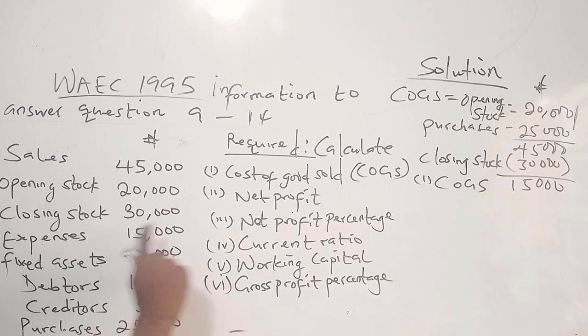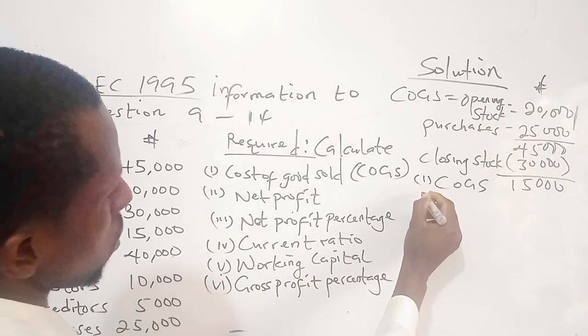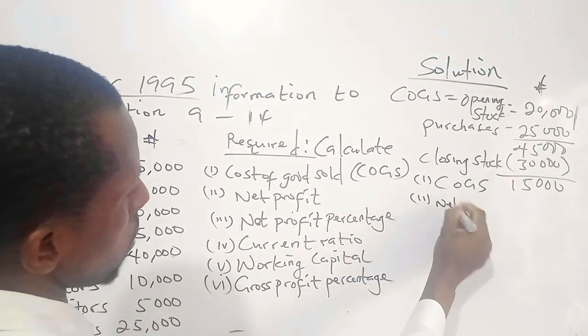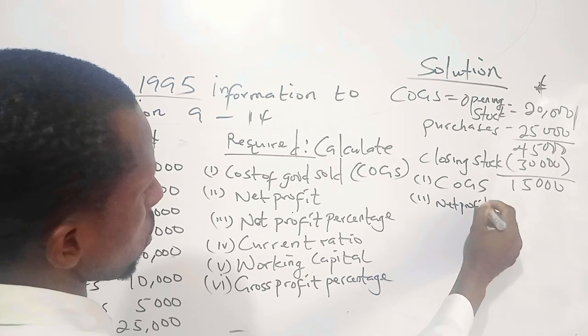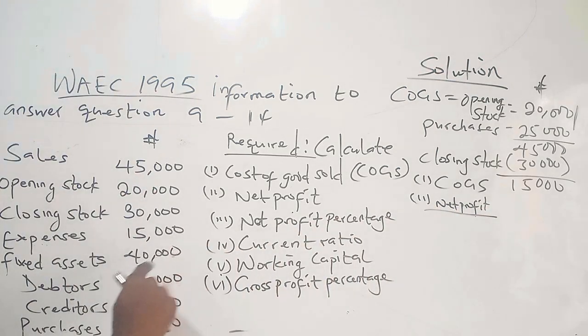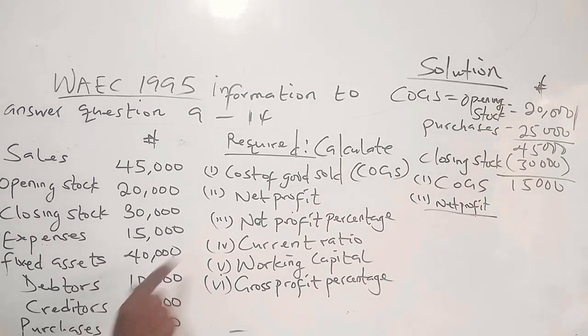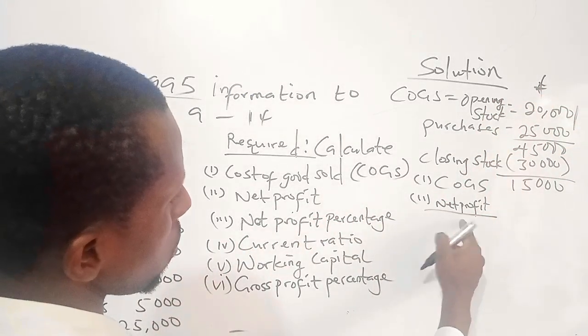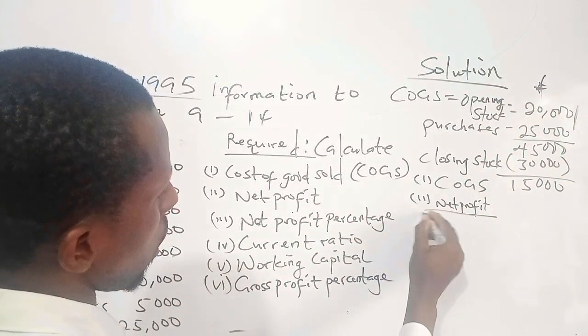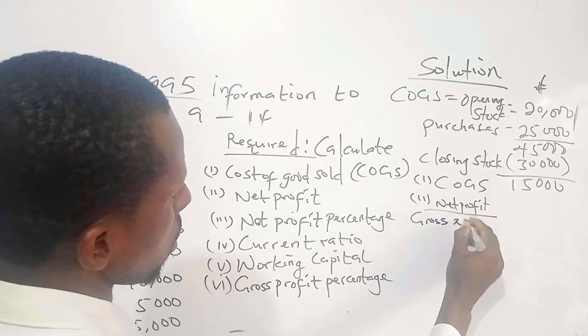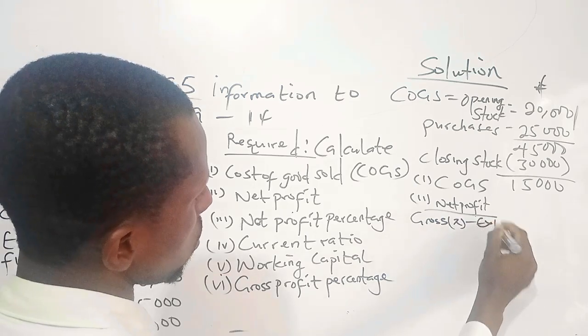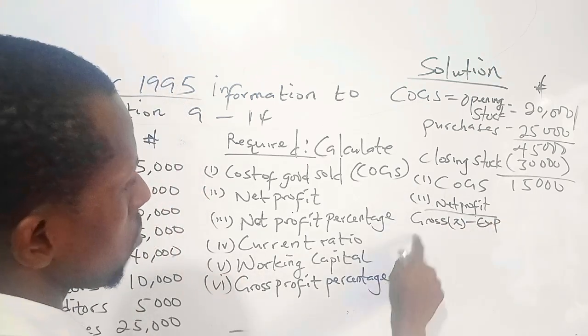The next one is to calculate the net profit. How do we determine net profit? We need to figure out our gross profit and minus our expenses from gross profit. That gives us our net profit.